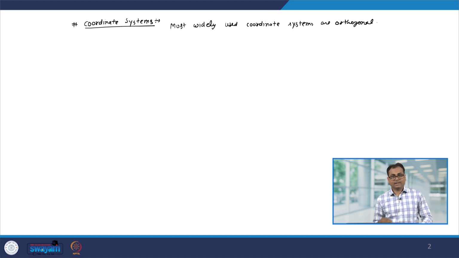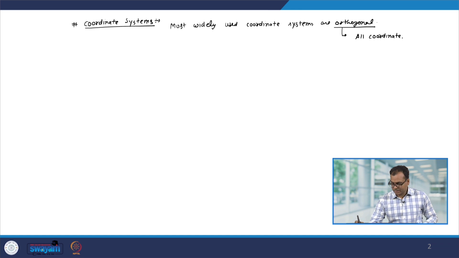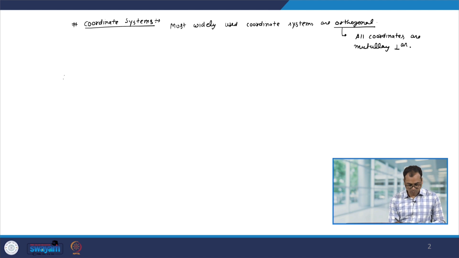That means that the coordinates that are involved in defining the position vector etc., they are perpendicular to each other. So, that is the meaning of orthogonal. This implies that all coordinates are mutually perpendicular. Let us first discuss what is Cartesian coordinate or rectangular coordinate.